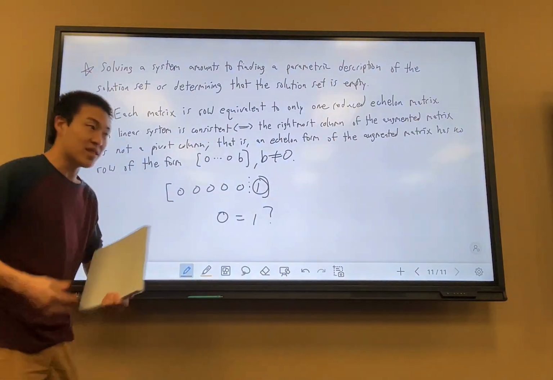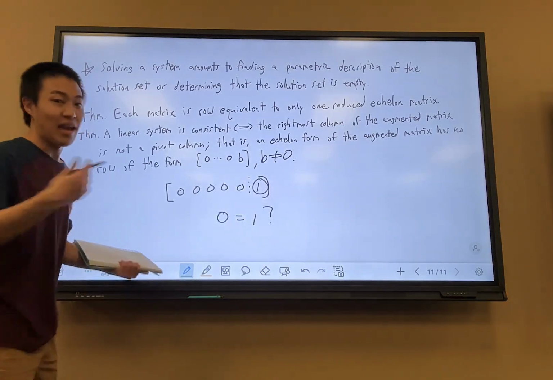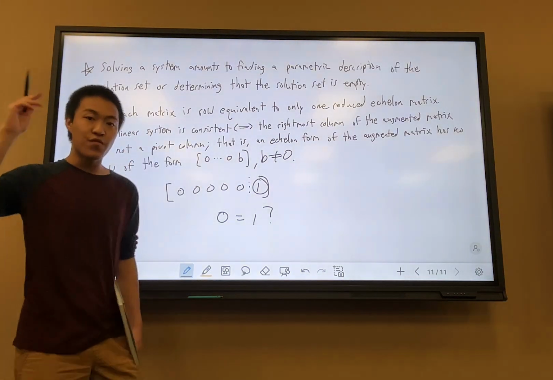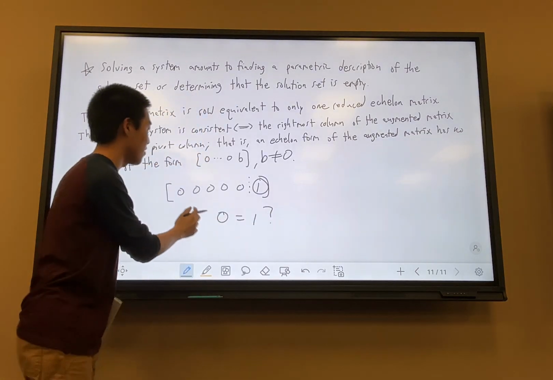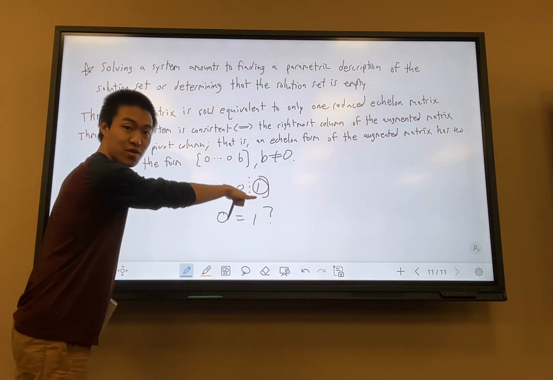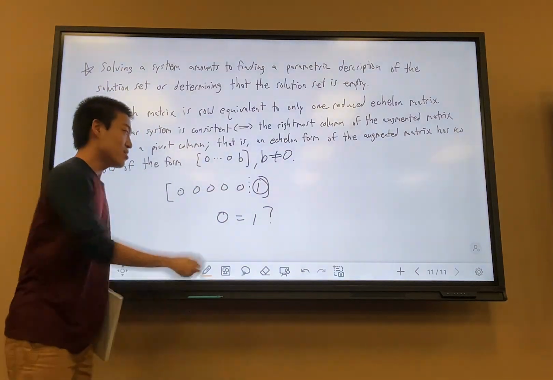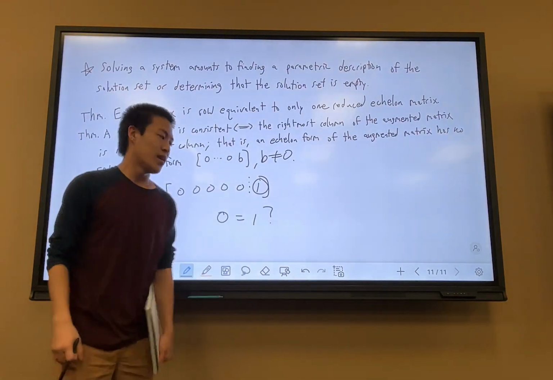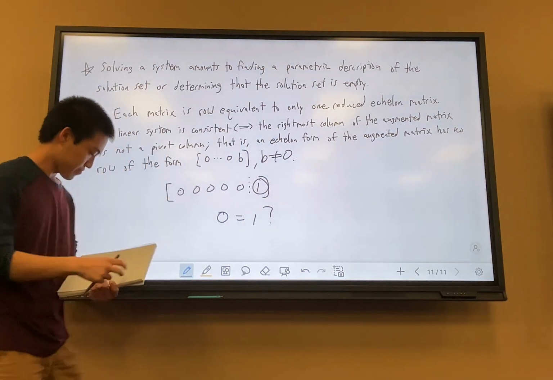Ergo, you can never have a solution. The system can't have a solution, so it's inconsistent. So that's what this theorem is really saying. If you go through the entire algorithm and you end up with a whole bunch of zeros and then a pivot in that rightmost column, and it's augmented, well, that's a problem. That means we have 0 equals not 0, and then you have no solutions.